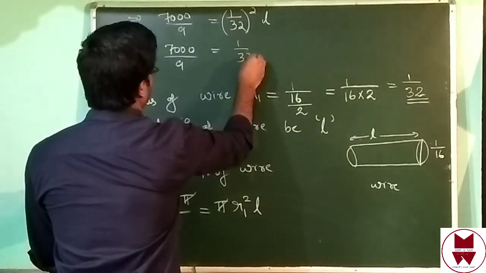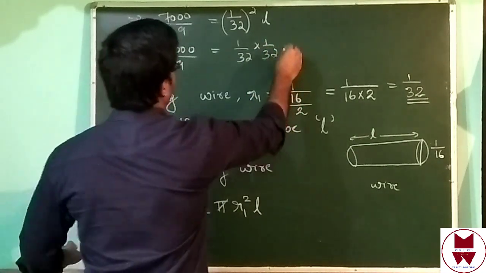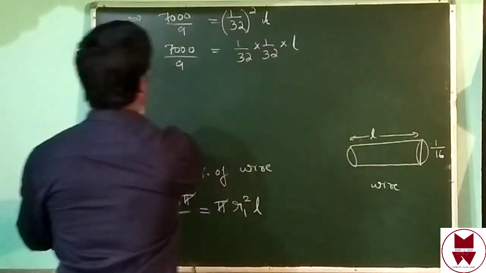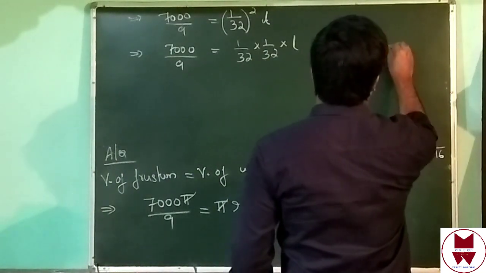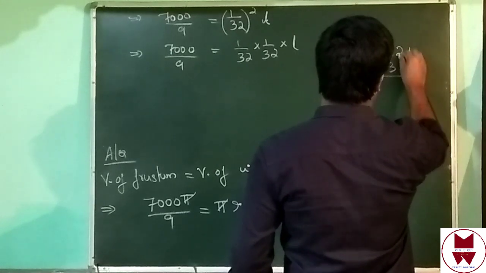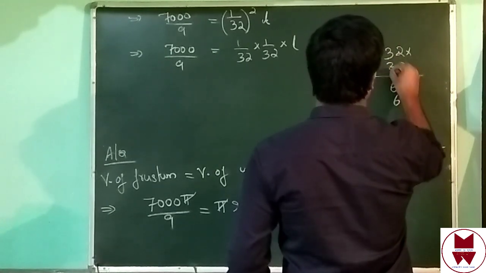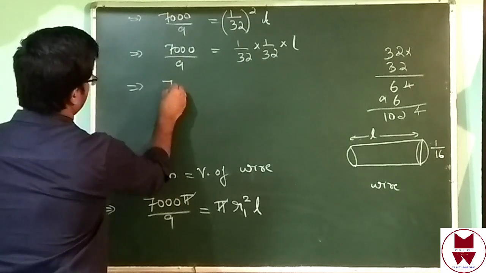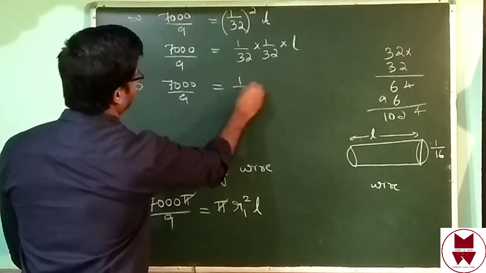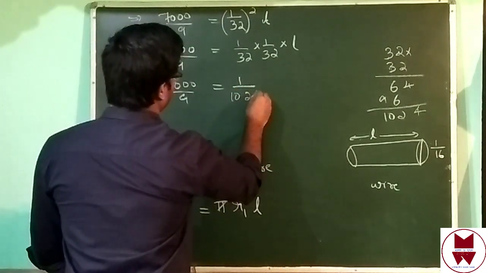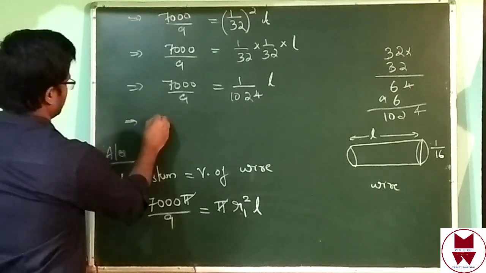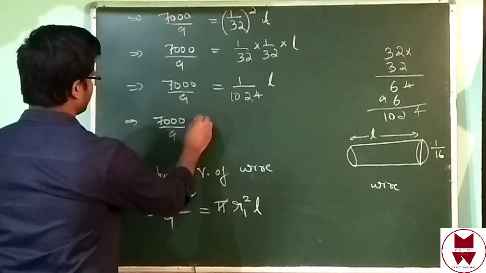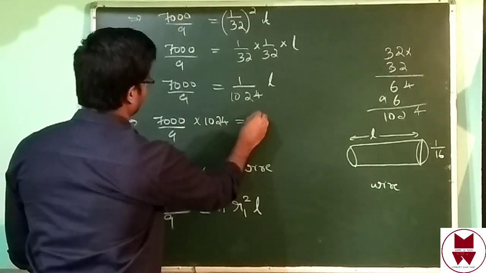We can write 1 by 32 into 1 by 32 into this L. Then 32 into 32 we can multiply: 4, 6, 6, 9, 4, 12, 10. 7,000 divided by 9 equal to 1 by 1,024 into L. This 1 divided by 1,024 we bring to the left side, that will be into 1,024, equal to L.